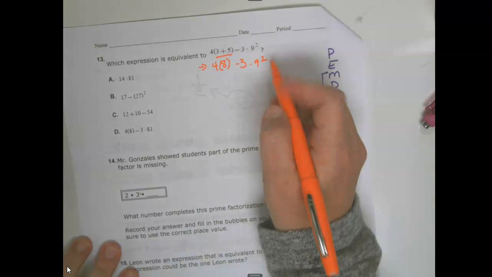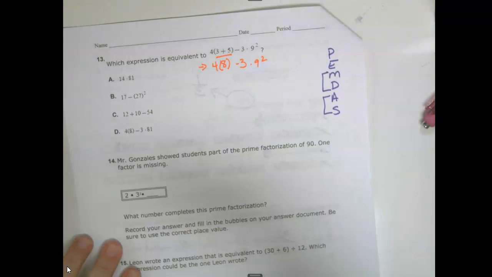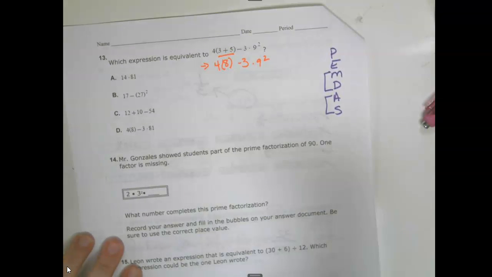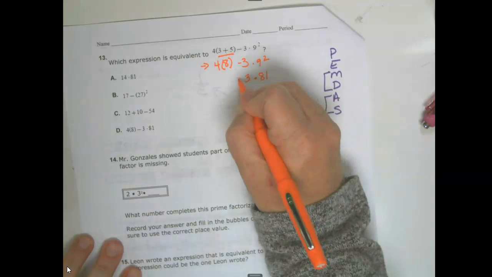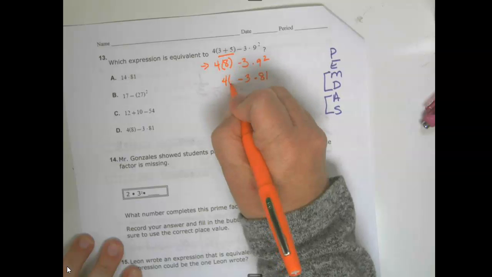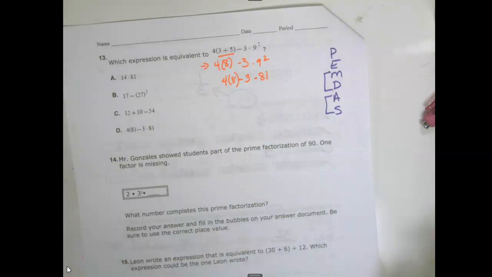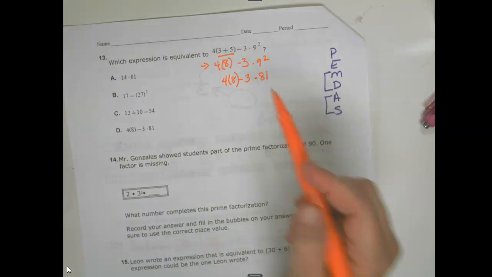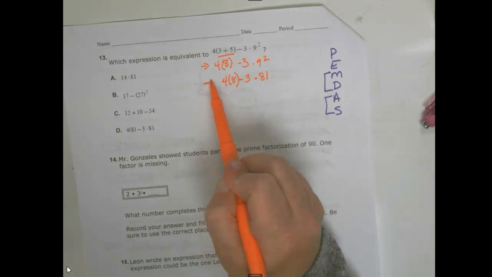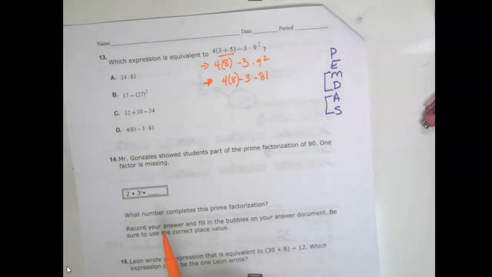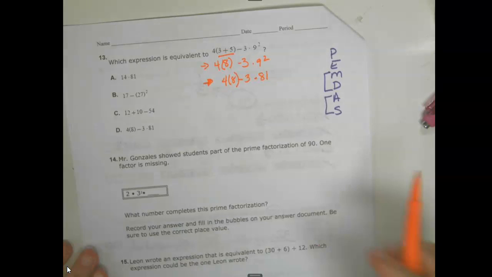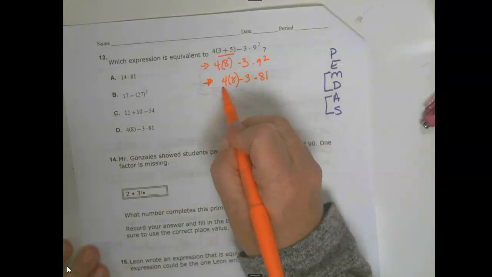9 to the power 2 is not 9 times 2, it's 9 squared, which is 9 times 9, 81. Everything else comes straight down. My next part is multiply.